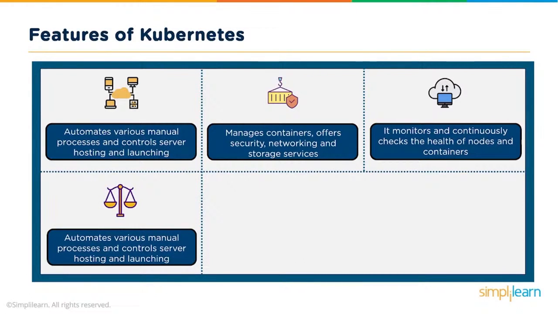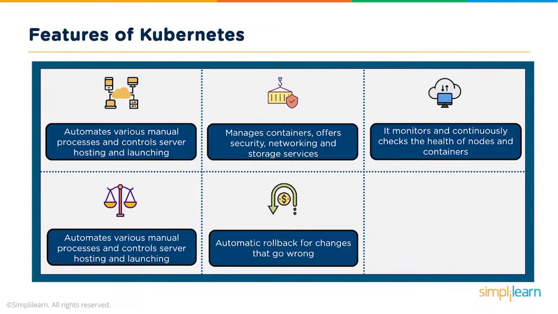So if you have any additional hosting and launching that needs to be done, Kubernetes will help you automate those manual processes. If something does go wrong, you can actually set up your Kubernetes environment to do an automatic rollback. Again, this is just allowing you to have that confidence that when you're deploying a solution, everything is going to work within that environment.